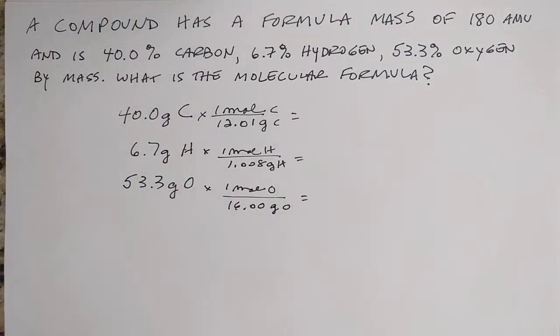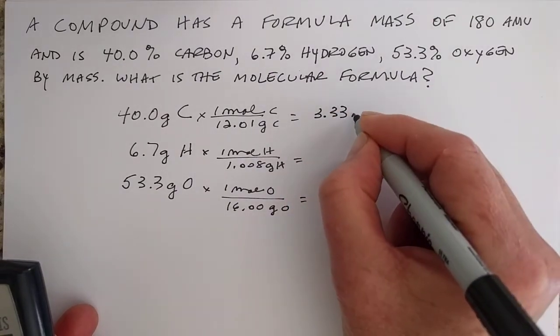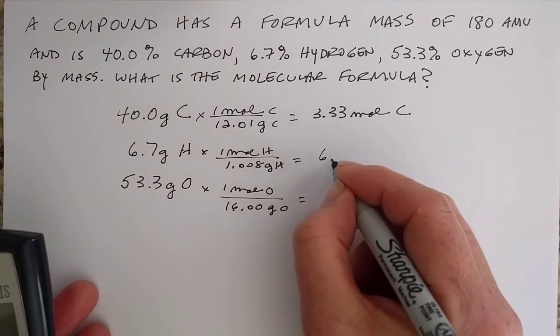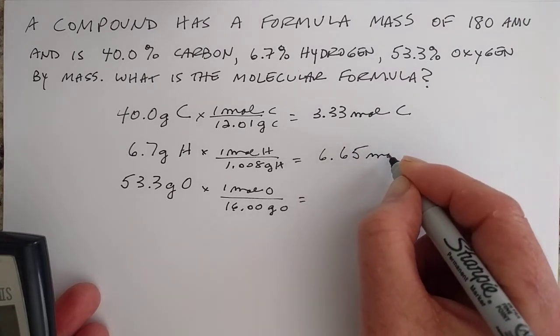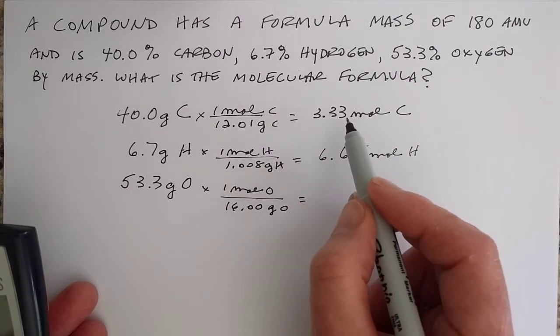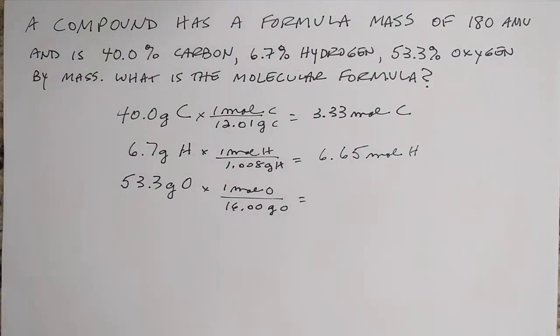Okay, so let's calculate those. 40 divided by 12.01 equals, so we're getting 3.33 moles of carbon. 6.7 divided by 1.008 equals, so here we have 6.65 moles of hydrogen. And we don't have to worry about sig figs here, just more sig figs is better than less at this stage of the game. Later on we round, but not here.